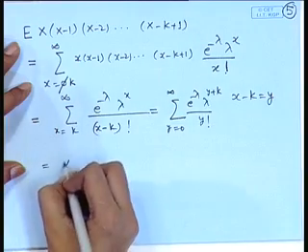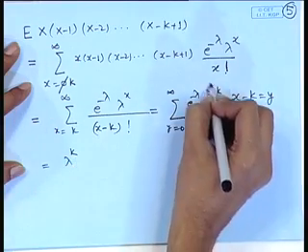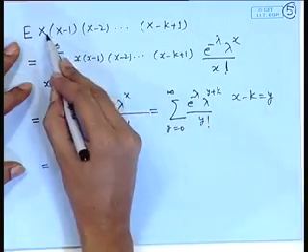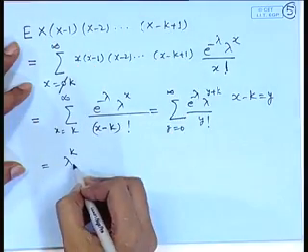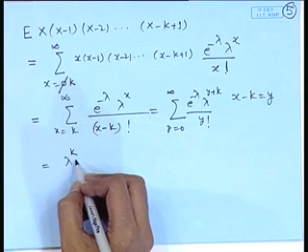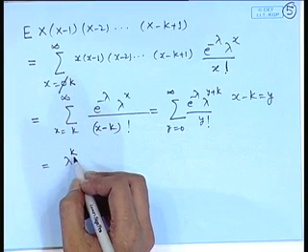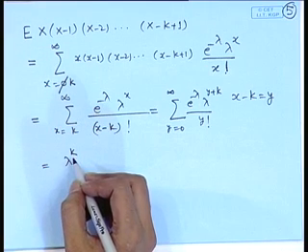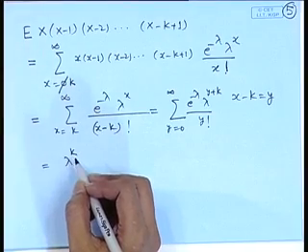So, this is lambda to the power k into this term, which will become actually 1. So, the kth factorial moment becomes lambda to the power k. So, we can use this and get the expressions for third, fourth non-central moments and consequently the third and fourth central moments of the Poisson distribution.